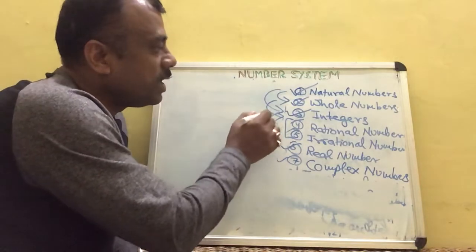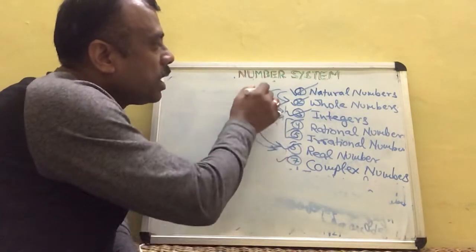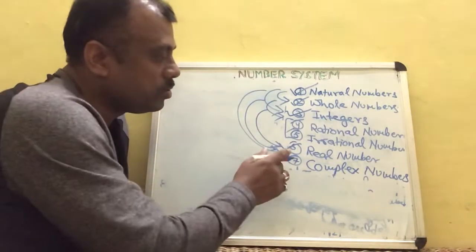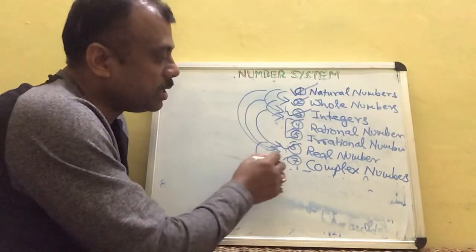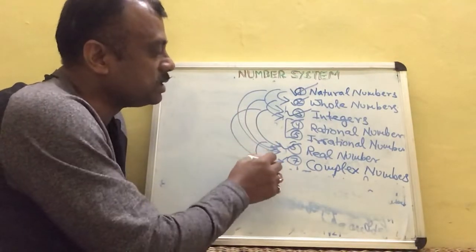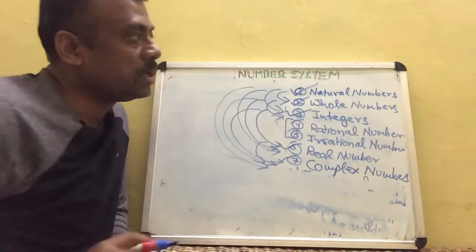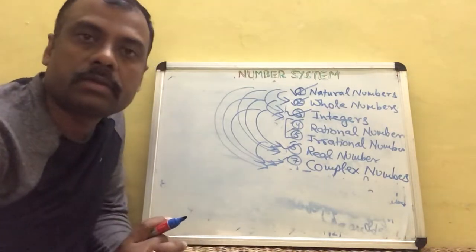So real numbers will have integers, whole numbers and natural numbers in them. Now the complex numbers will have real numbers, integers, whole numbers and natural numbers. So this is all about your number system.